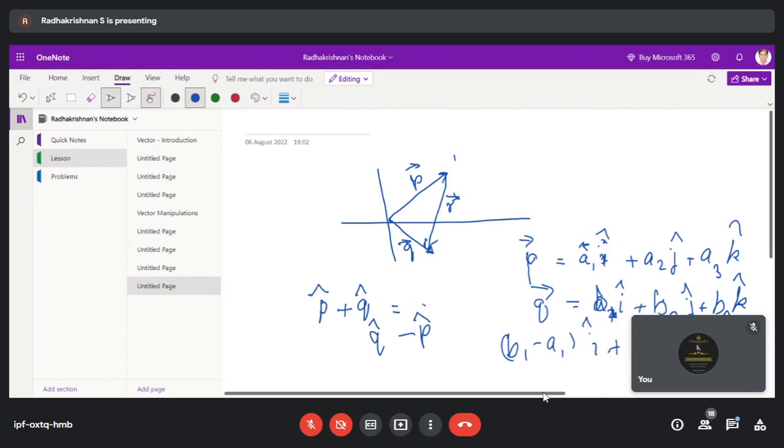Q cap or Q vector, sir? Either one, my vector cap.